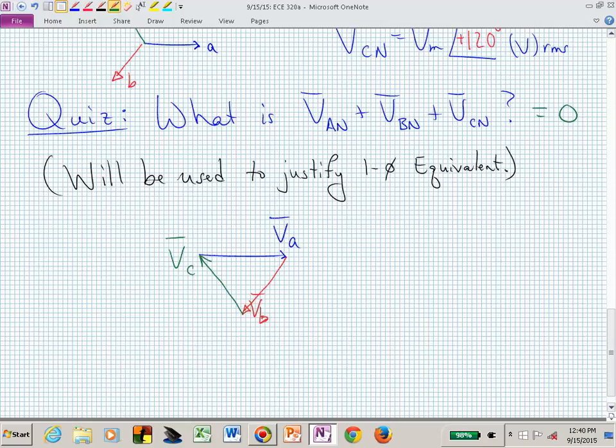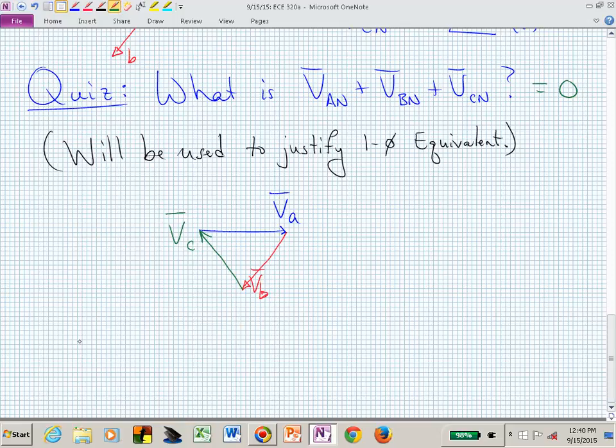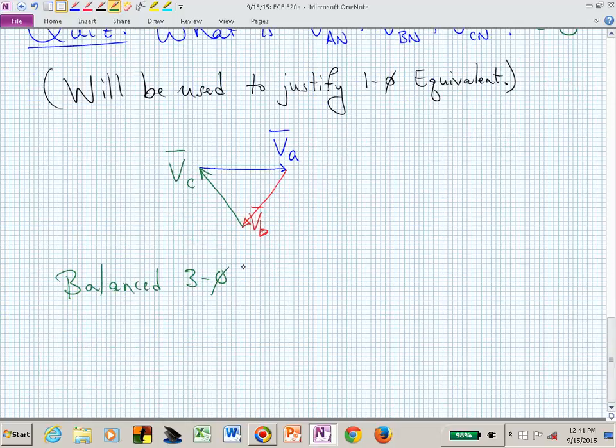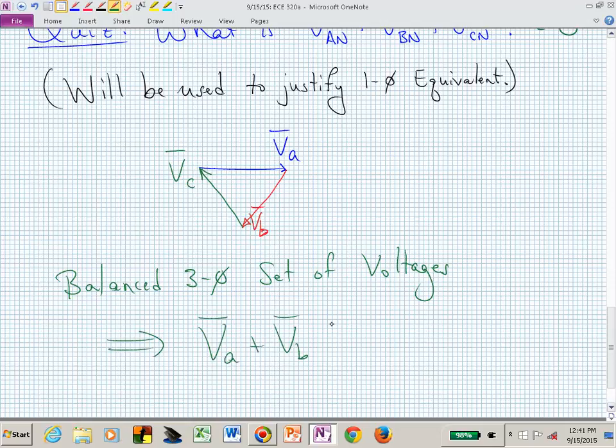Now, if this is true, so what we are saying then, in a balanced, and that's what we are calling these, a balanced three-phase set of voltages, says that we have V sub A plus V sub B plus V sub C equaling 0.